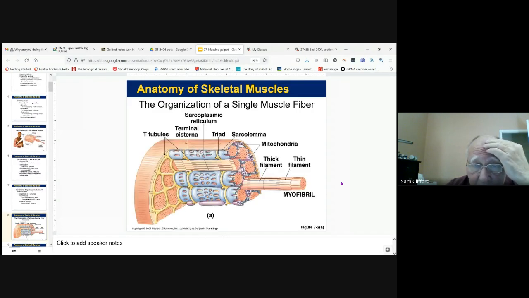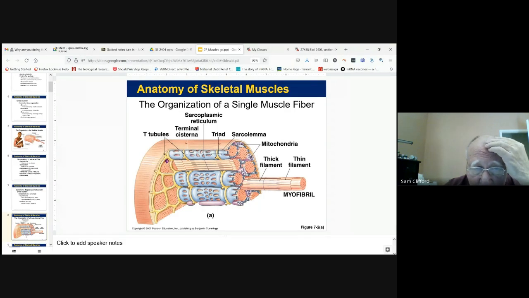So if we look at a picture of a muscle, the sarcolemma is the outer covering of one muscle cell. The muscle cell is a bundle of myofibrils, which is composed of thick and thin filaments.